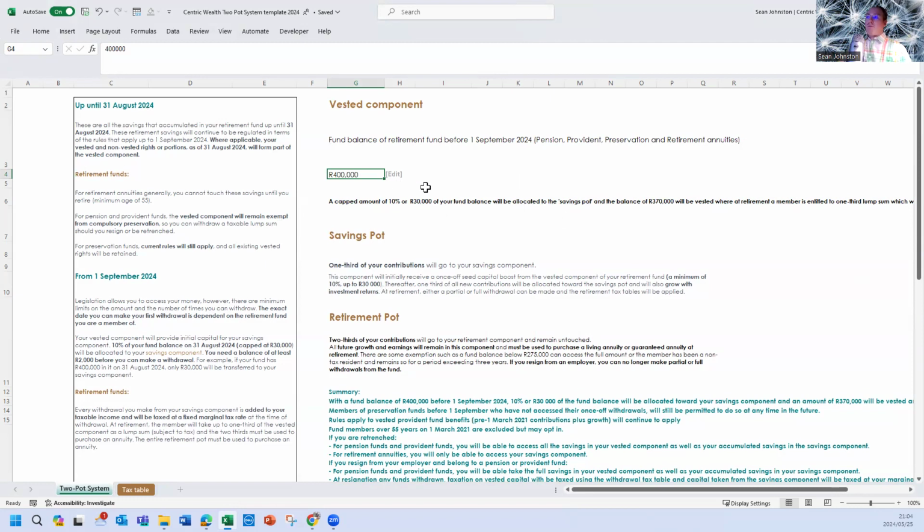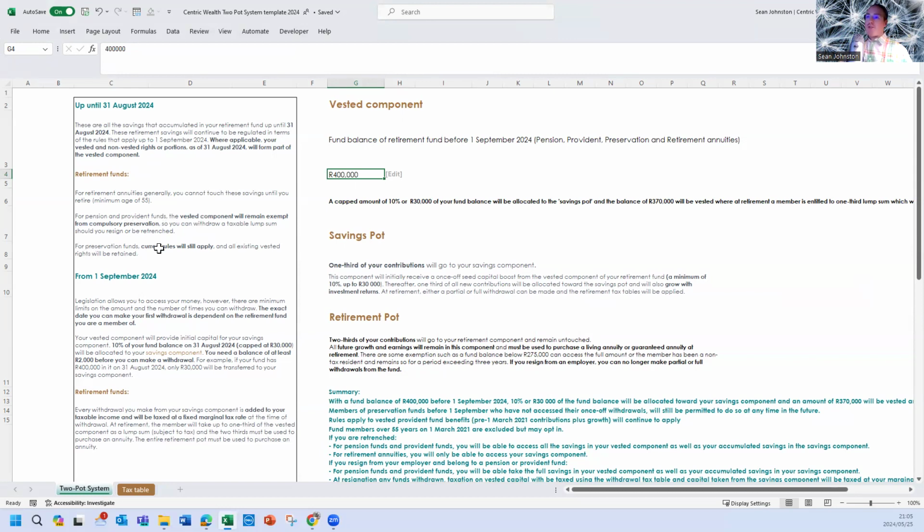So let's say, for example, you belonged to a pension fund, 370 sitting in your vested pot, or component, sorry, and you then resign from your employer. You still have the right to withdraw the full amount, and you'll be taxed accordingly to the legislation, which currently states a withdrawal tax table calculation will be done on that money, or you can put that money into preservation, etc. So you're still allowed to do that.